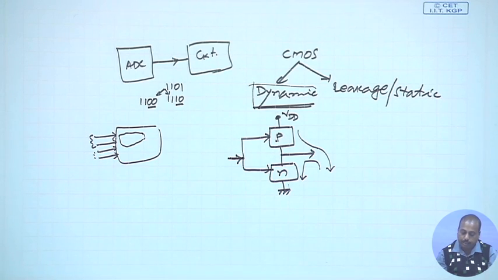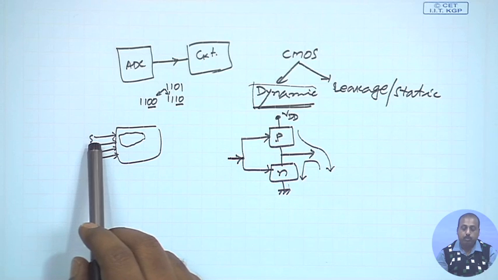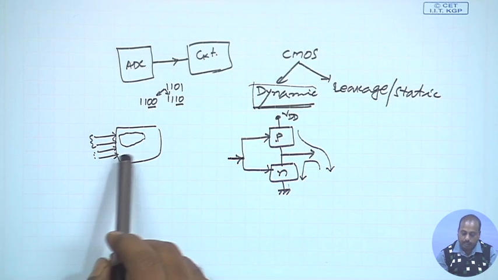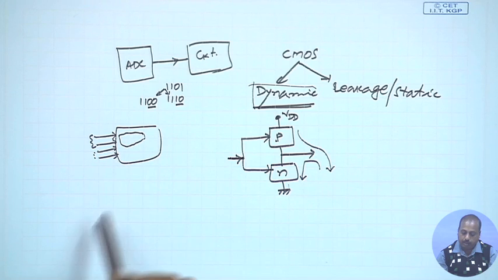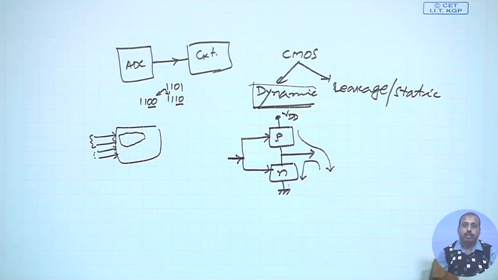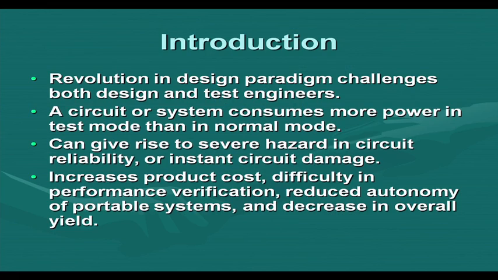In this particular example, if these 2 inputs are not changing at all, then it is very likely that the power consumption will not be that high. That is the reason that in normal operation of a system, the inputs are going to be correlated to each other.